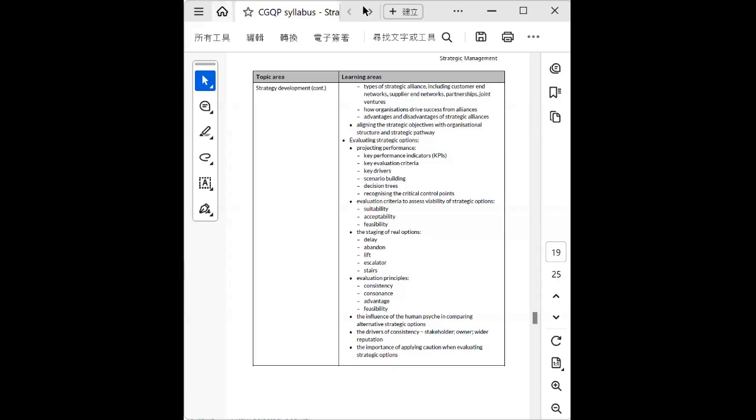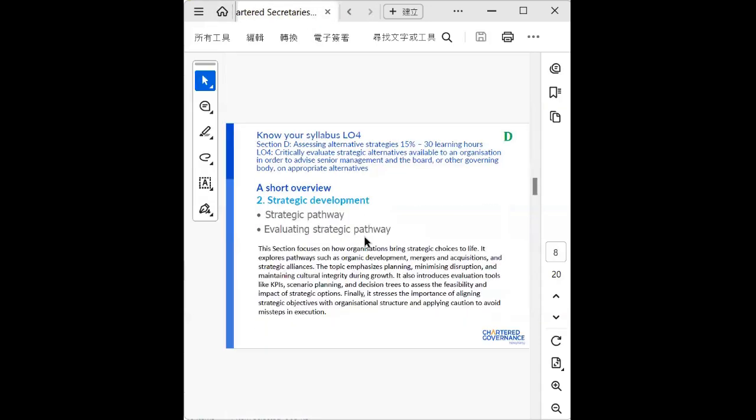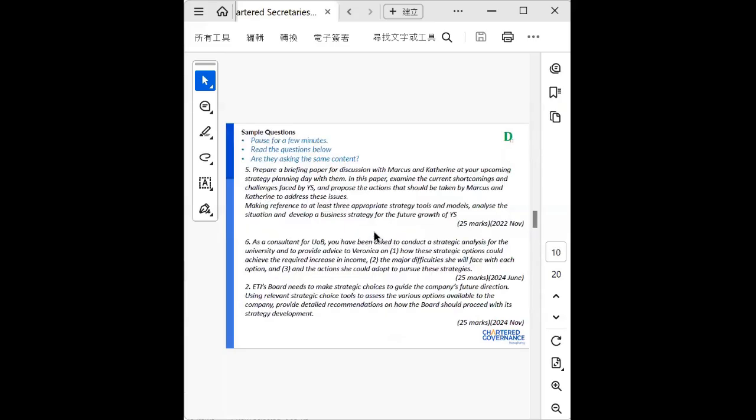So we go back and take a look at one of those questions and see how this sort of question is asked. For example, in this question 5, you're asked to prepare a paper about strategic planning.